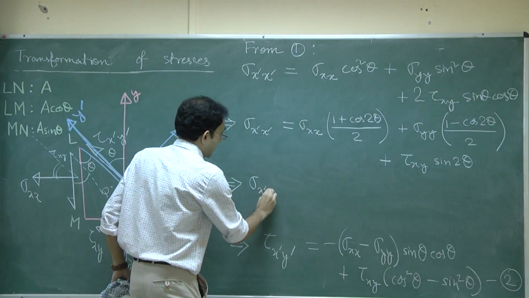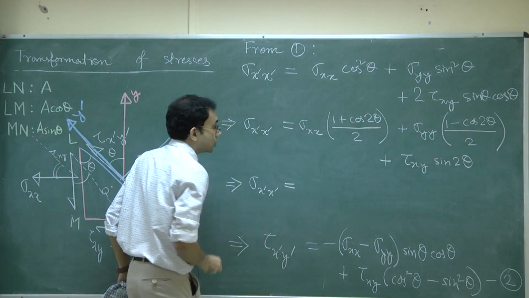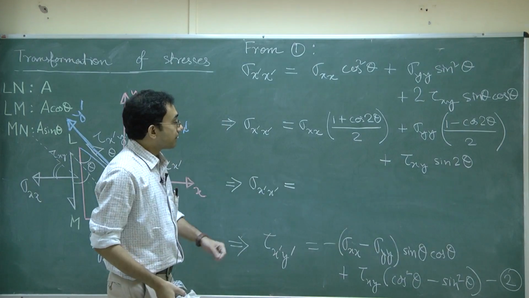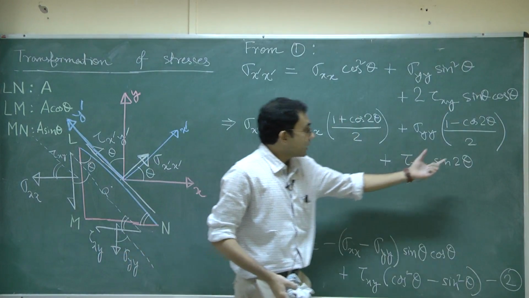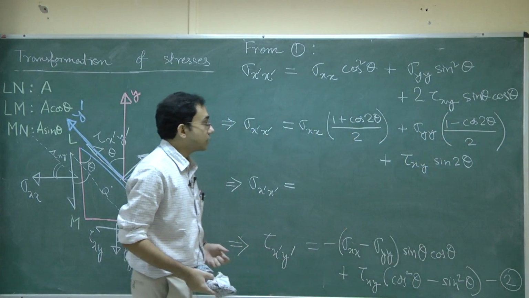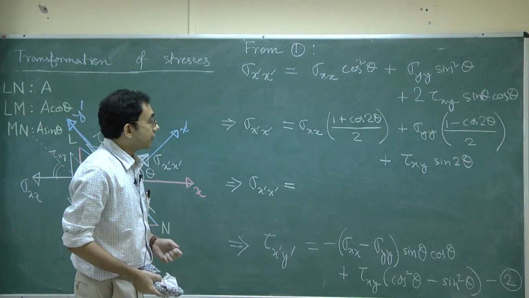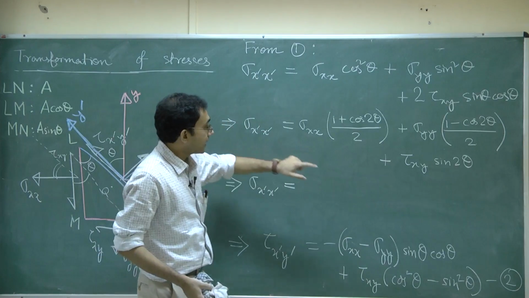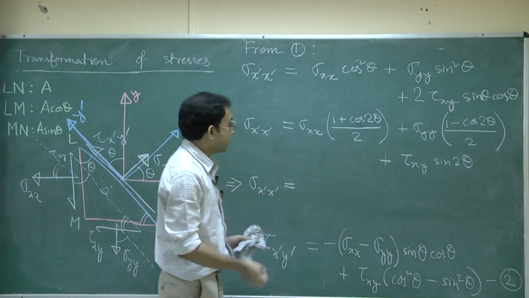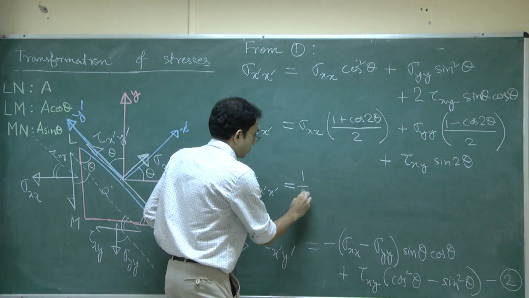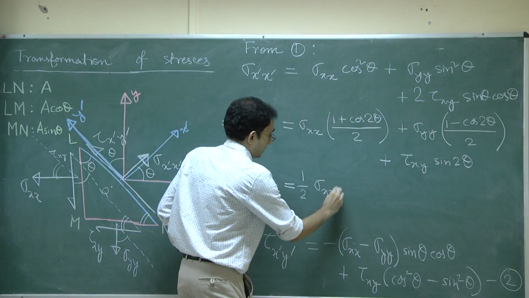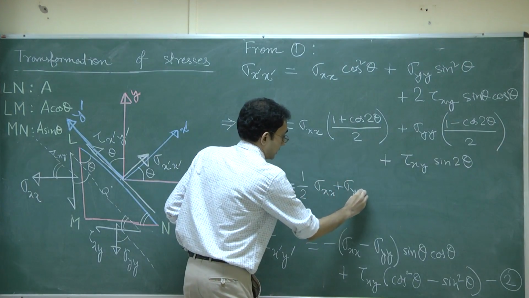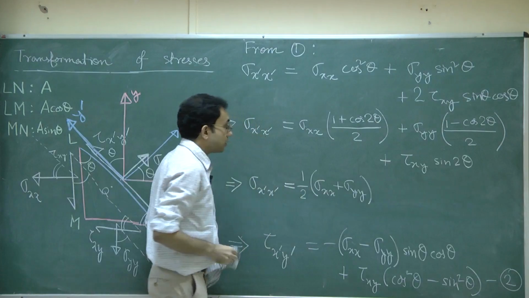So my sigma x dash is equal to, now what I will do is, you see that I have a cos 2 theta here, I have a cos 2 theta here, I will take those two things as common, and if I do that, I very nicely obtain a half of sigma xx and a half of sigma yy together. So I write them down.